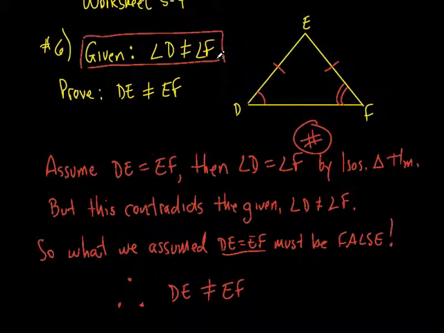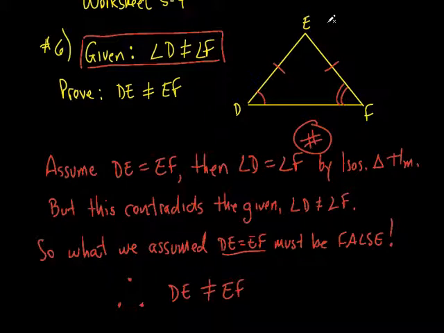I don't think every single proof is going to contradict the given, but it will contradict some statement, okay? In this case, it contradicts the given, that D cannot equal F, right? You could have a long drawn-out proof with other information, maybe drawn on the picture, that it contradicts.